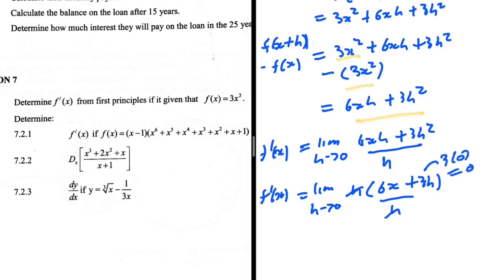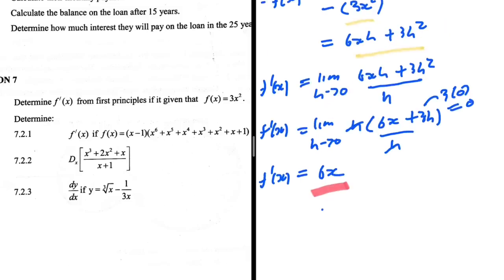Well, this is equal to 0. So f prime of x is equal to 6x. There we go. This is the same answer we would get if we were using the power rule. We would get 6x: 3 multiplied by 2, and then you subtract 1 from 2. So we are quite confident what we did is correct.